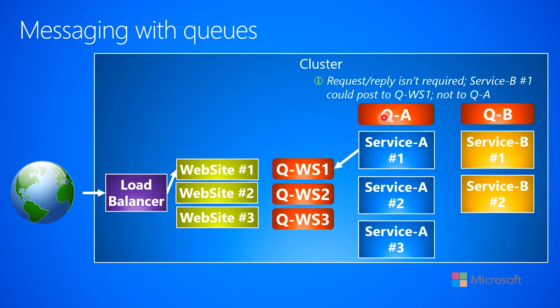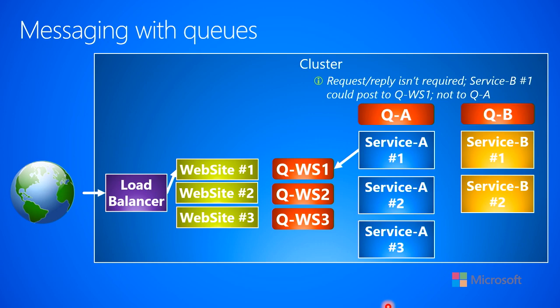But if you're using the networking communication, then it's always request reply. So you have client talks to server, server talks to server, and server talks to maybe another server, and then you have to flow all the way back, the exact same way you came in. But with queues, you don't have to. With queues, you can flow from website 1 to service A to service B, and then the response could go right back to website 1, and you can skip going through service A again.